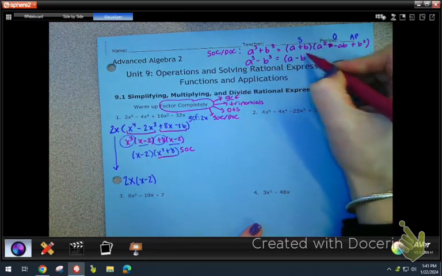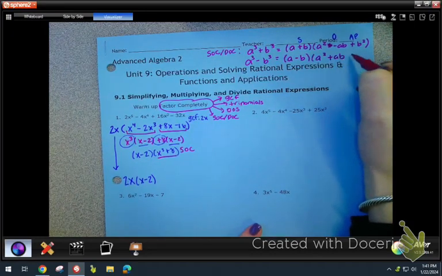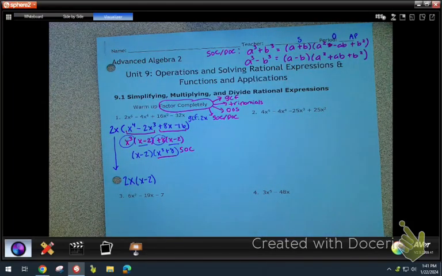So here's what these are. A squared plus AB plus B squared. Same, opposite, always positive. Now, figuring out what A and B are: A is the cube root, what is that perfect cube?